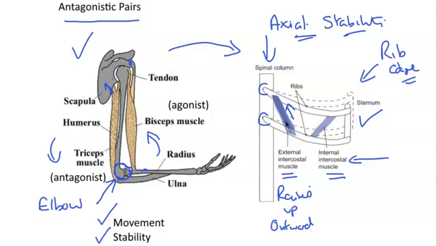And the consequence of that is to increase the volume of the thorax. This leads, in terms of gas exchange, to inhaling. Now, the internal intercostal muscles, by contrast, are associated with exhaling.